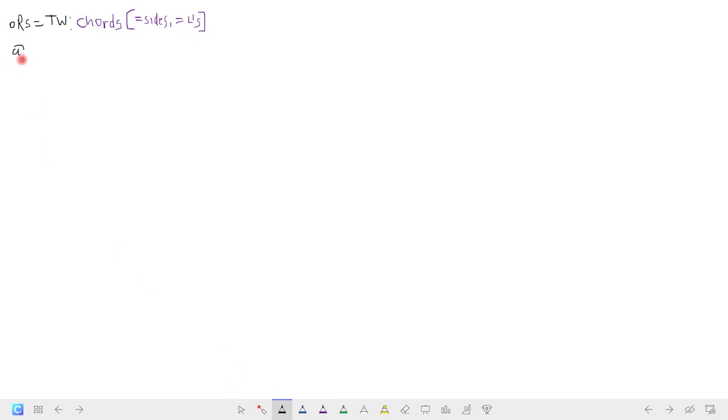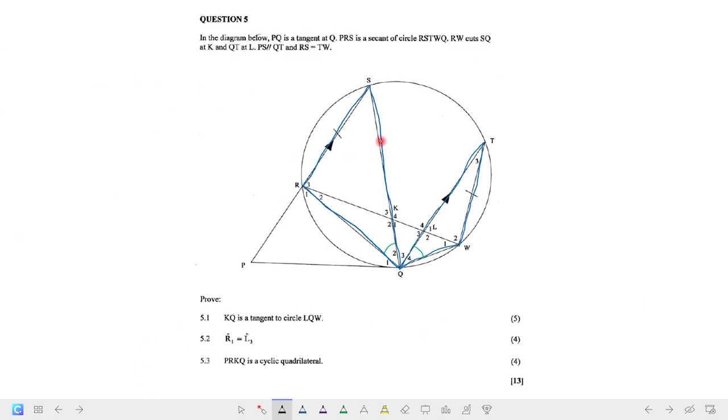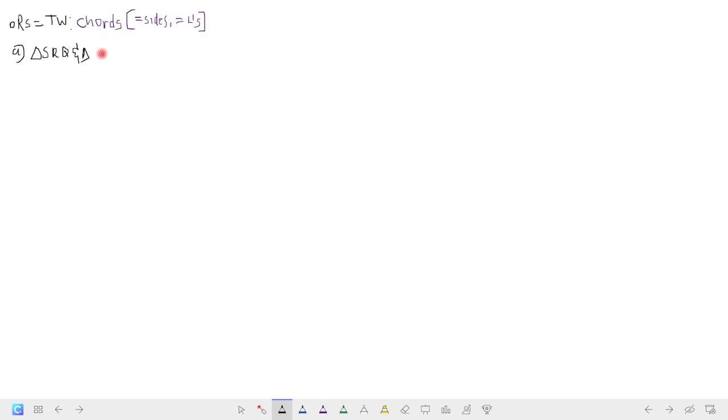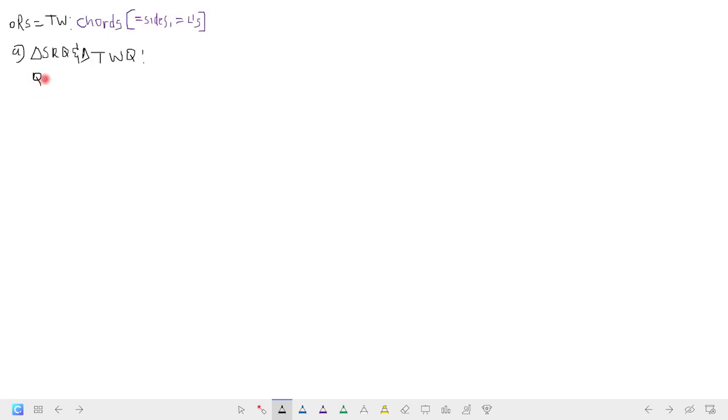So we said in SR we got SRQ, so triangle SRQ, and triangle, let's look at the second one, TWQ, and from it we're saying now Q2 is the same as Q4. Q2 is equal to Q4, right?